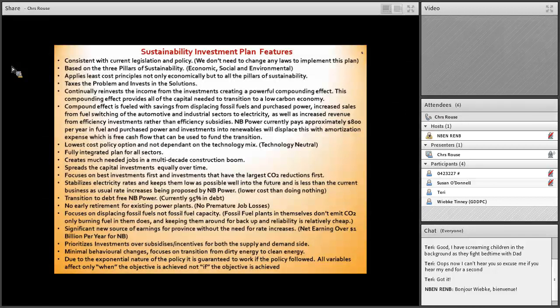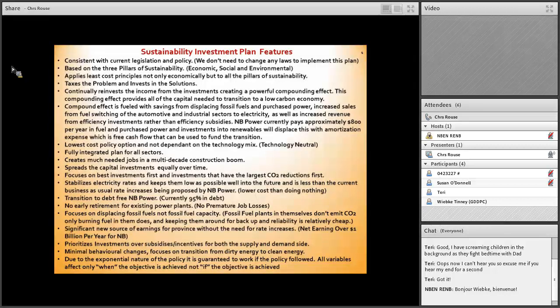It prioritizes investments over subsidies for both the supply and the demand side of the picture. It requires minimal behavior changes and focuses on change from dirty energy to clean energy. And due to the exponential nature of this policy, it's guaranteed to work if the policy is followed.